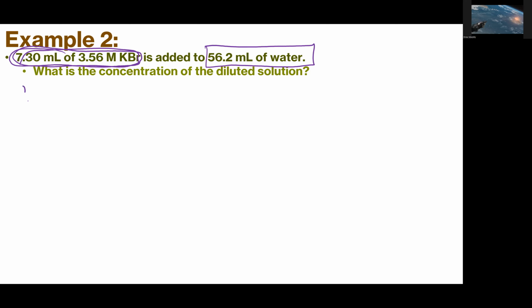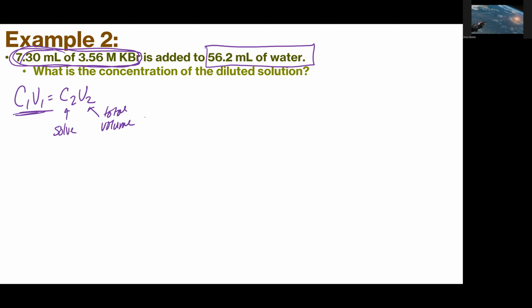Let's write our dilution equation. C1V1 equals C2V2. Here are the ones that go together. This is our answer, so we're going to solve for this. V2 is the total volume. In previous examples, we were told what the total volume is.